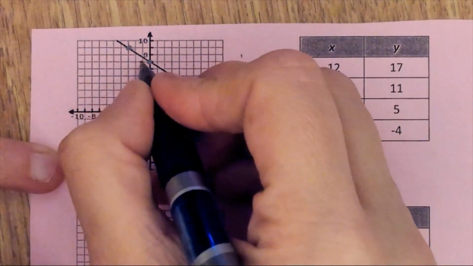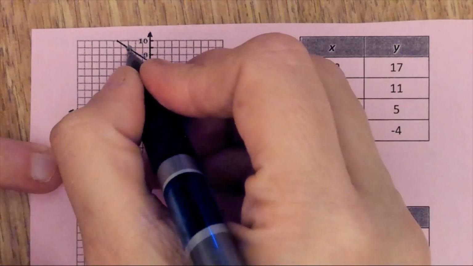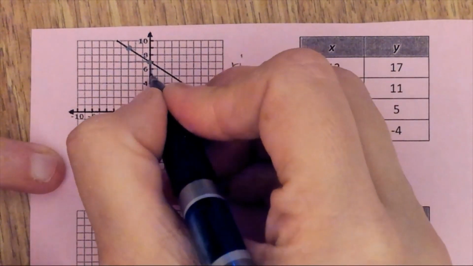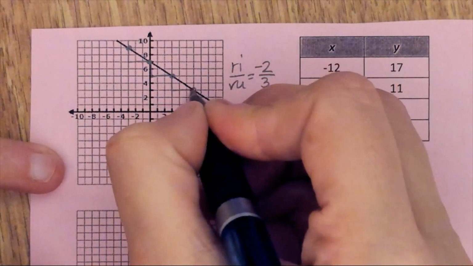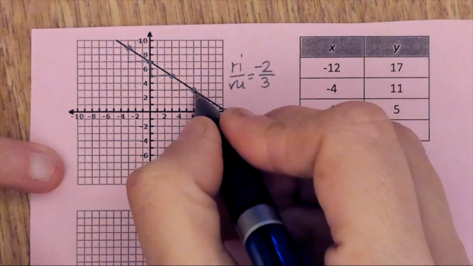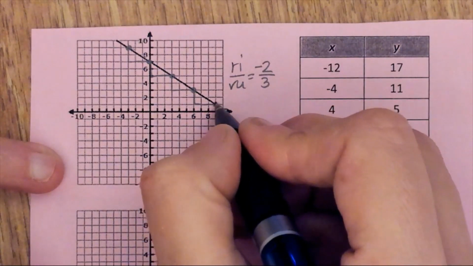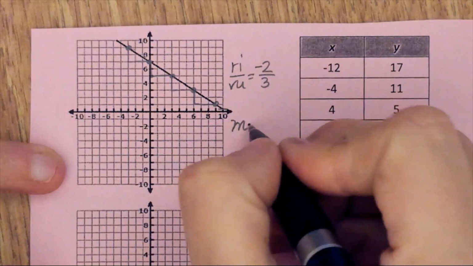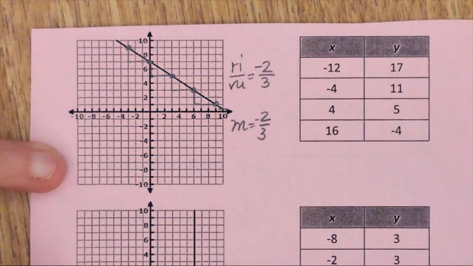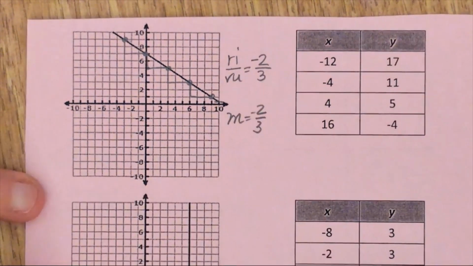My run is 3. So I go down 2 over 3, down 2 over 3, down 2 over 3, and I'm still on the line. So I feel pretty good about this one. My slope is -2/3.